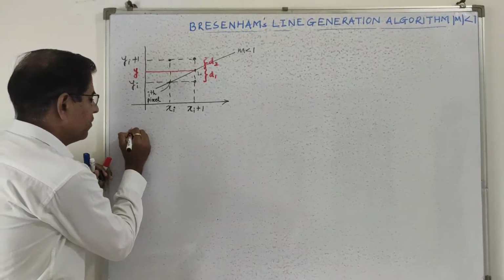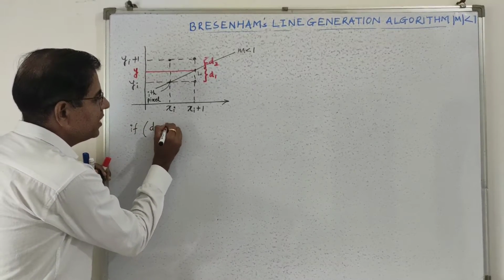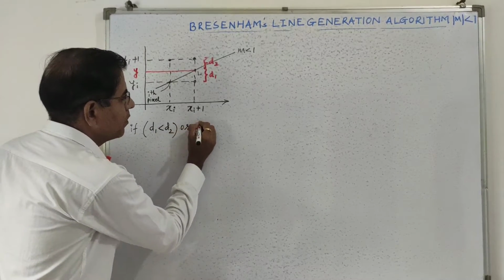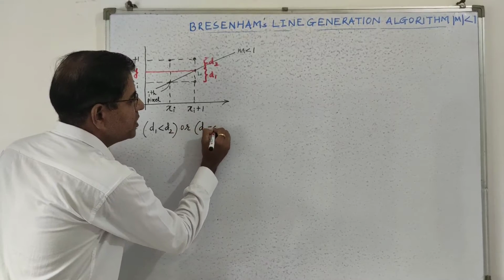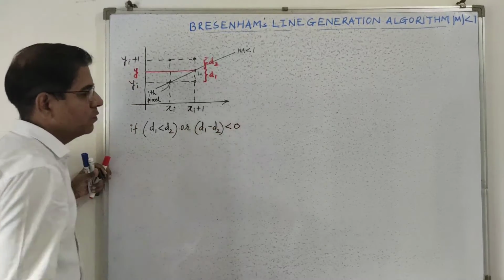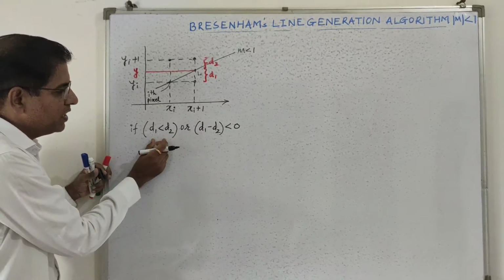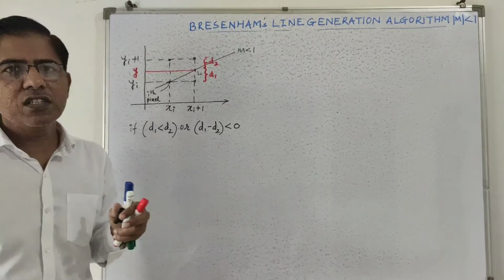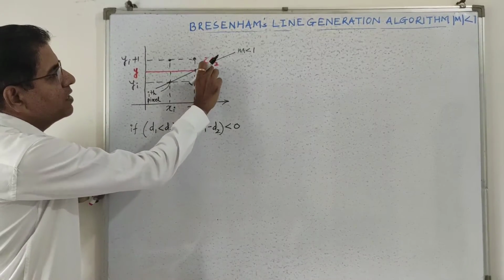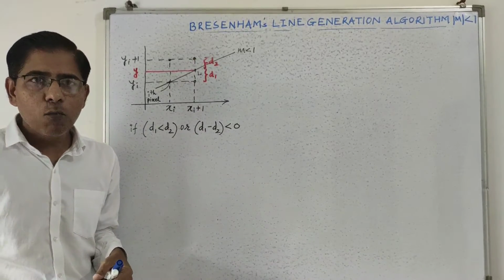Now if d1 is less than d2, or d1 minus d2 is less than 0, so both expressions are the same. If d1 is less than d2, that means this d1 distance is small, d2 distance is more.